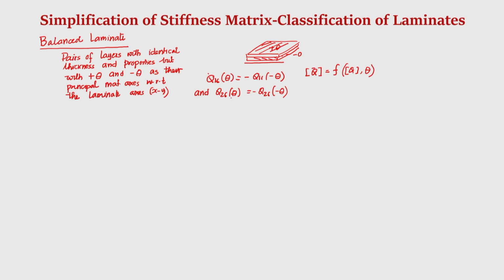Since for every plus theta there is a minus theta, it implies that for a balanced laminate A16 is equal to 0, A26 is equal to 0.